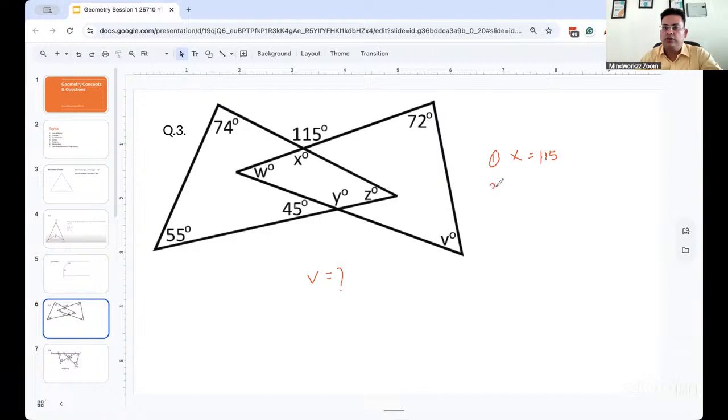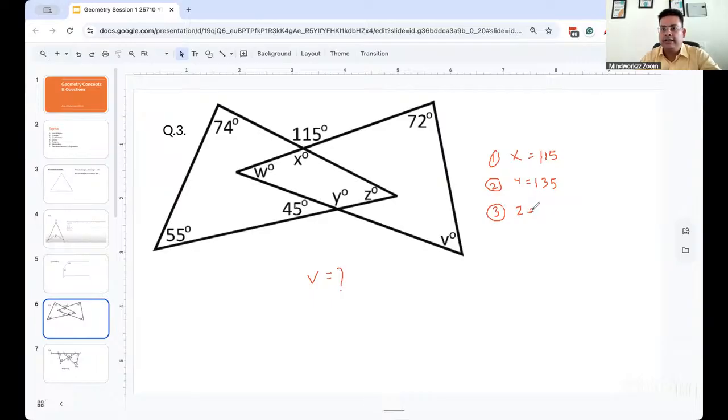Y will be equal to 135. Why? Because angles on a straight line. 45 plus Y is 180, so Y would be 135. Angles on a straight line, right? How will you find Z? The left triangle, Z would be equal to 180 minus 55 minus 74, right?